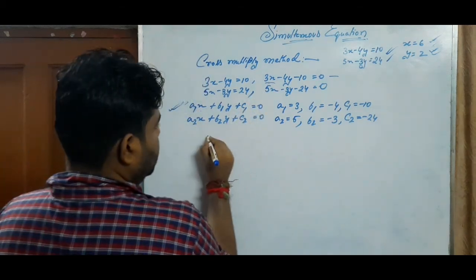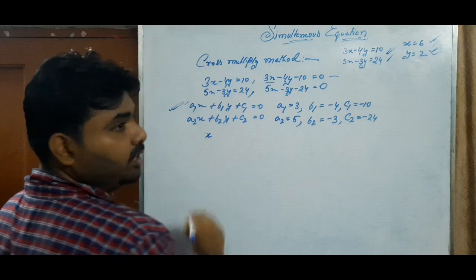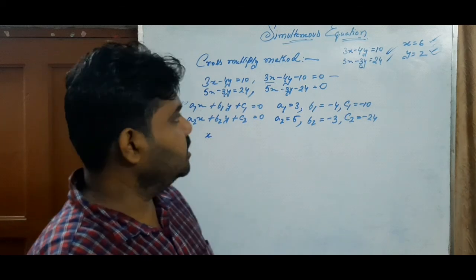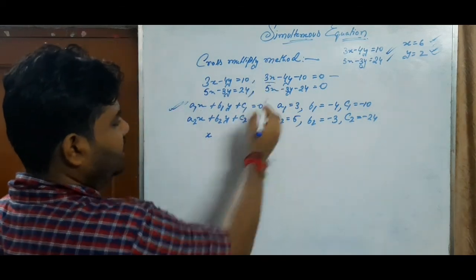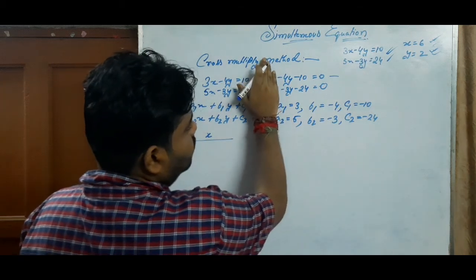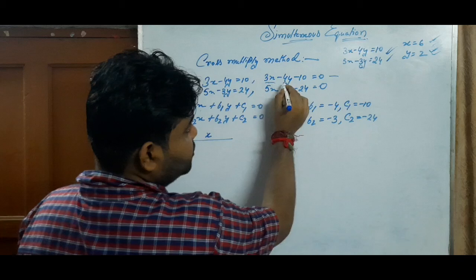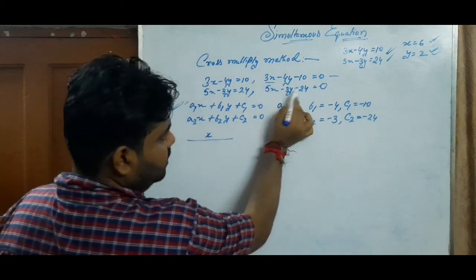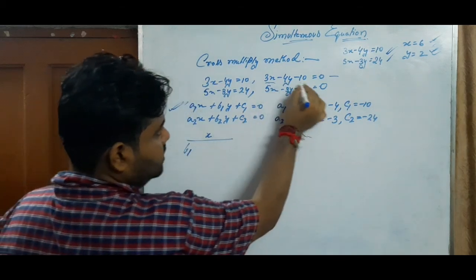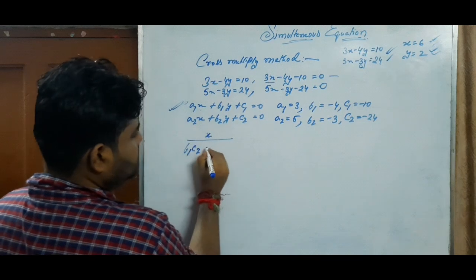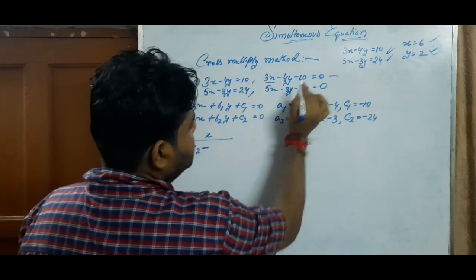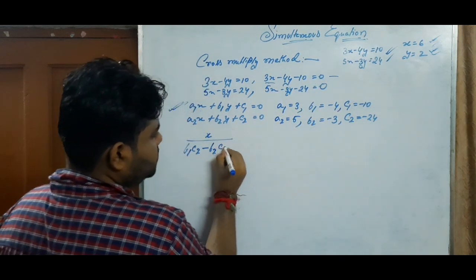When we are taking x, we are not taking the coefficients of x. We will see the coefficient of y, that is x by, just take the coefficient of y, that is b1 into c2, b1 c2 minus b2 c1.